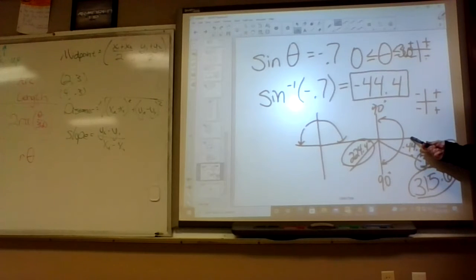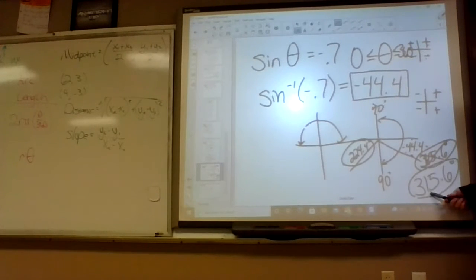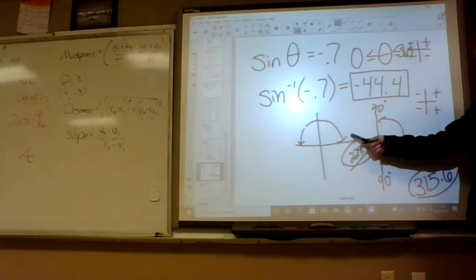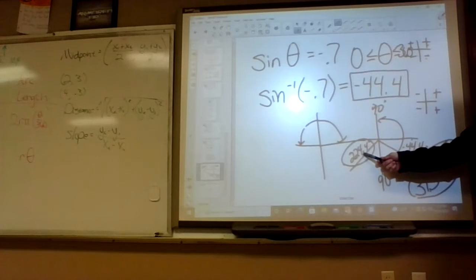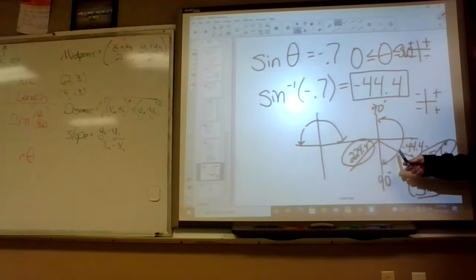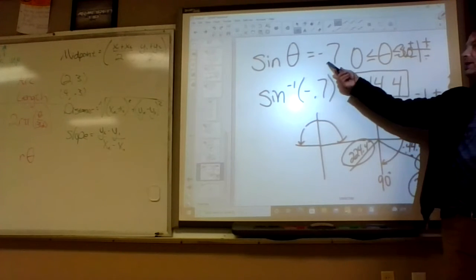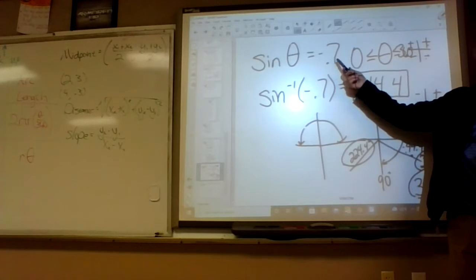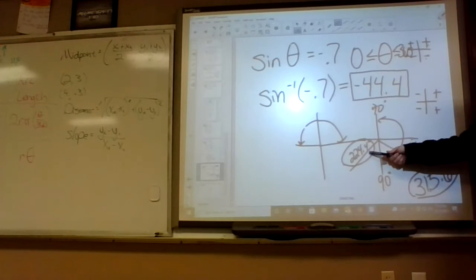So I changed it to 360 minus 44.4 to get the fourth quadrant angle, and 180 plus 44.4 to get the third quadrant angle. But isn't that quadrant negative? Yes, both of these are negative, because they gave us sine equals negative something. Oh, okay. So both had to be in these two quadrants.